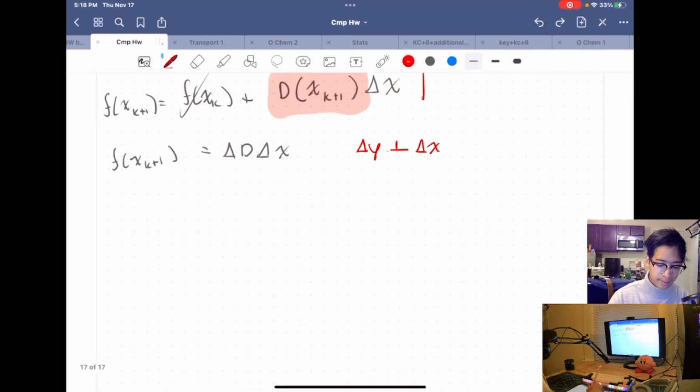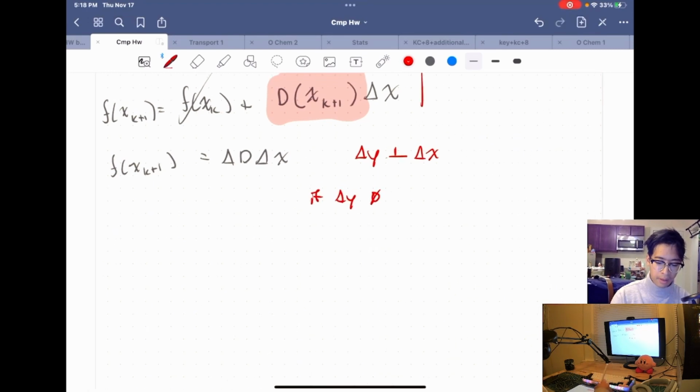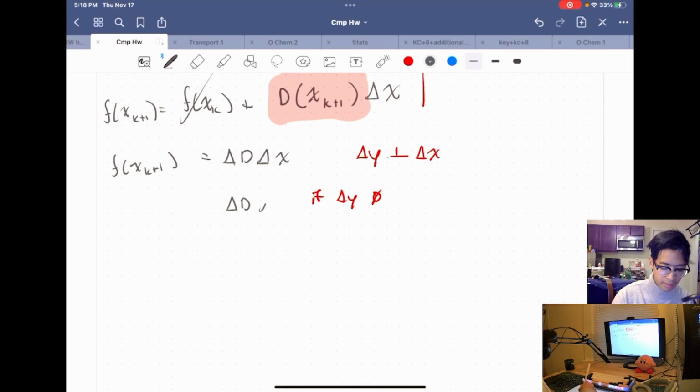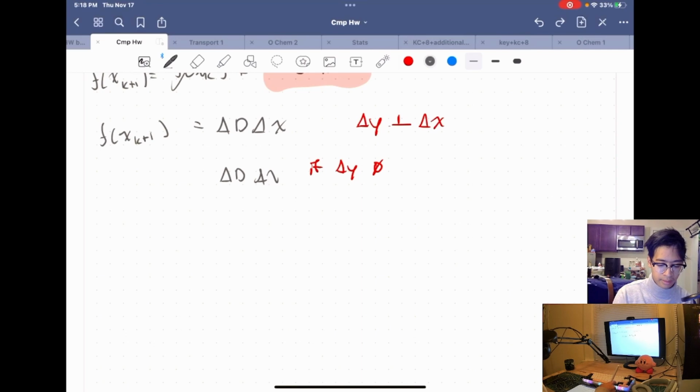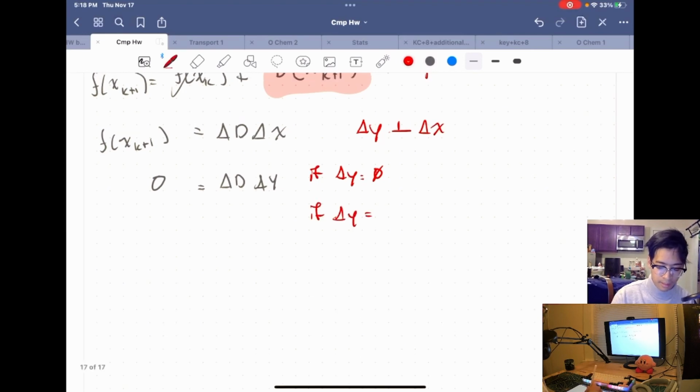If, for instance, delta y were 0, then delta D delta y equals 0. But if delta y were to instead equal delta x by coincidence, then this delta D delta y equals f of x k plus 1.